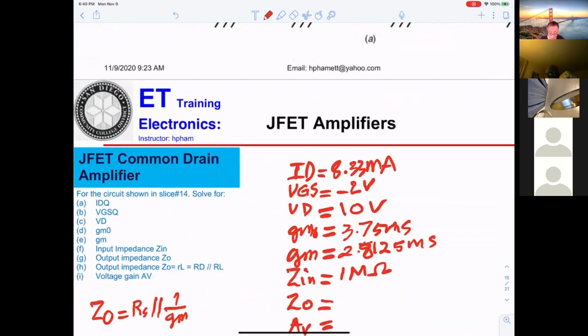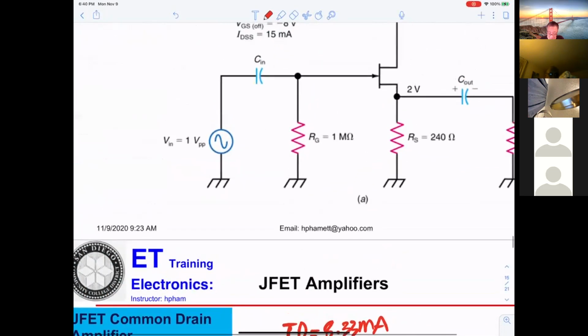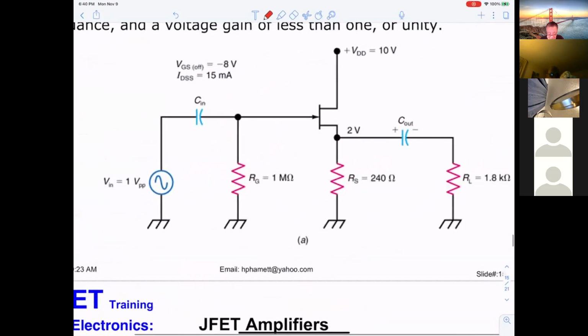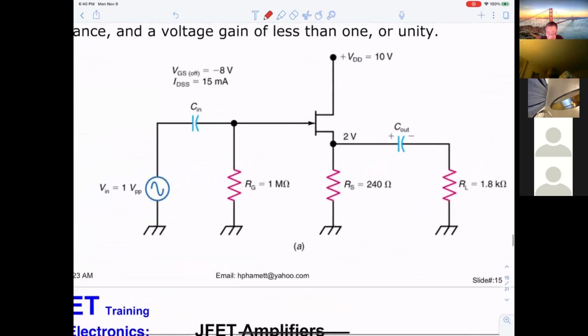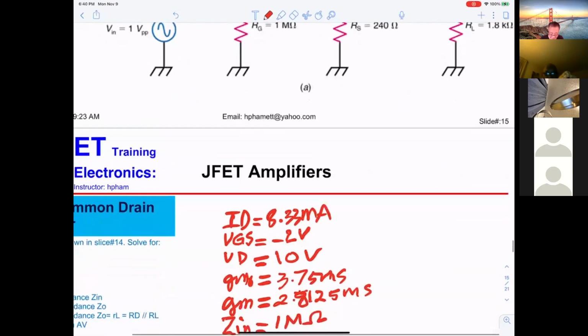Scroll up just a little bit more. No, the other way. I want to see something here. Okay, I see it. For this circuitry, you get RF 240, and also you get a load 1.8.